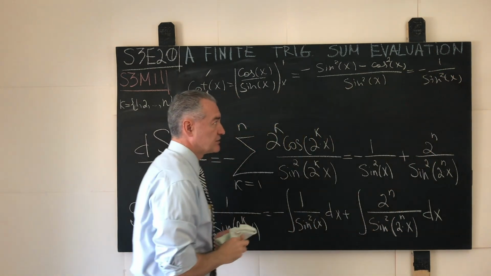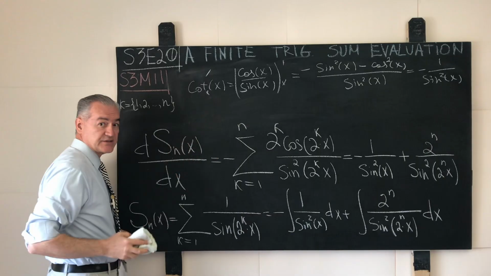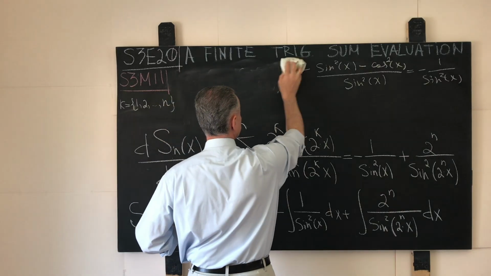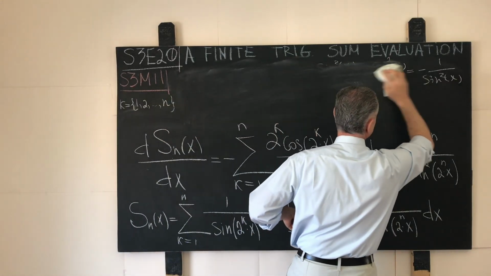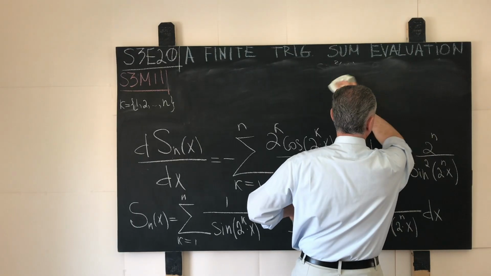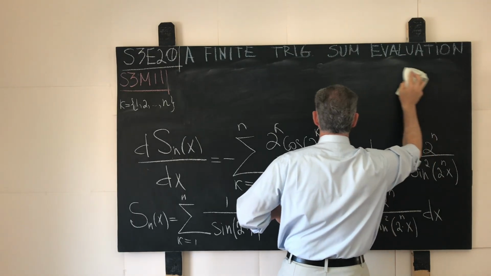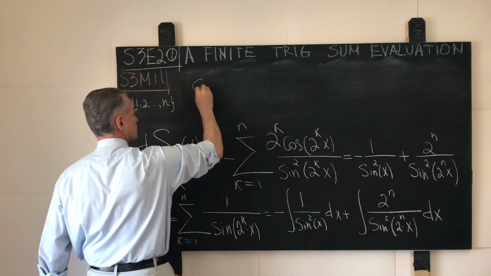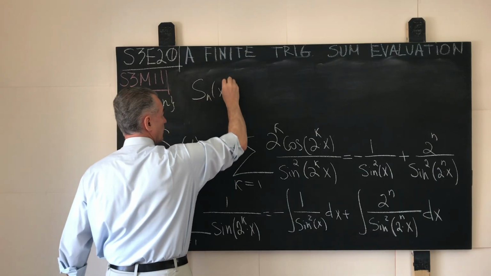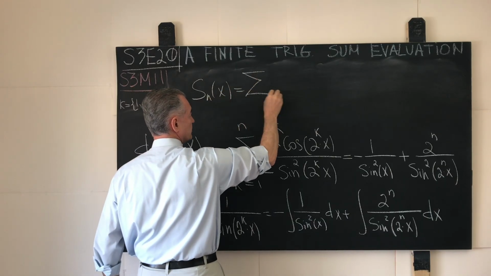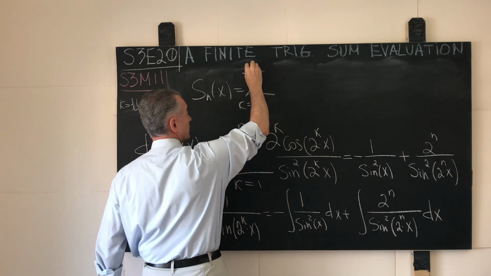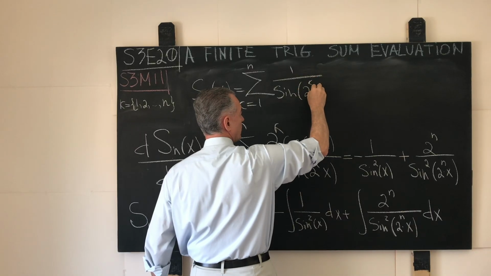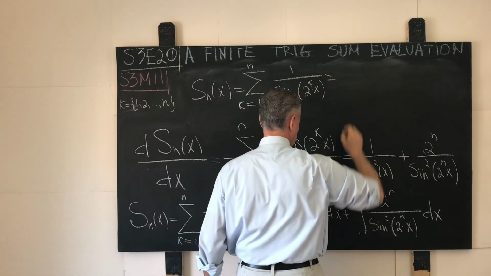In some sense, if anything else, you just remember, like I said, that one rule that comes in handy even in integration, and we will see that on this channel several times. But for now, we just skip right to the end, so to speak, and we write down the following result. Our function Sn of x, that was the sum k of 1 to n of 1 over sine of 2 raised to the power of kx, becomes what?